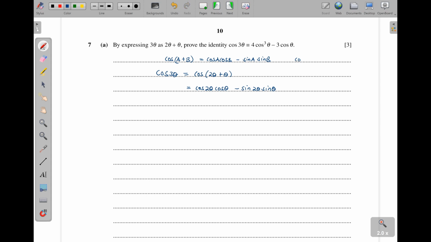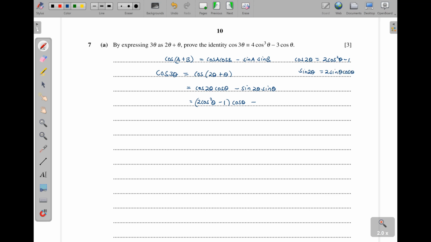Okay, we also have cos 2 theta, which is equal to 2 cos squared theta minus 1. So I can have 2 cos squared theta minus 1, then times the cosine of theta, then minus here sine 2 theta is 2 sine theta cos theta.